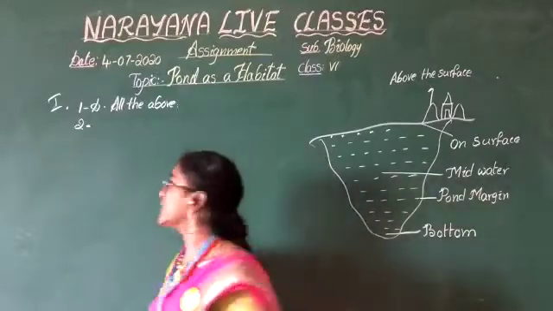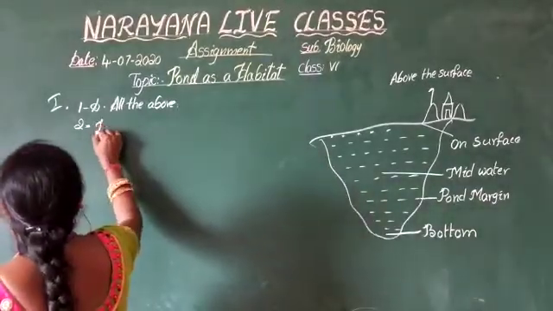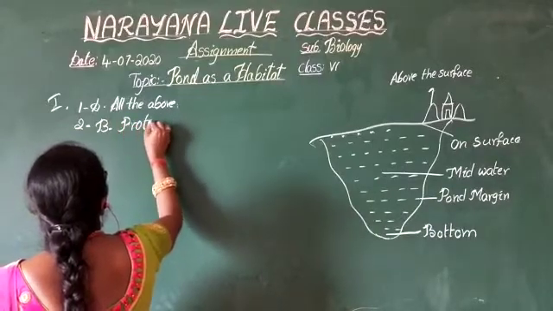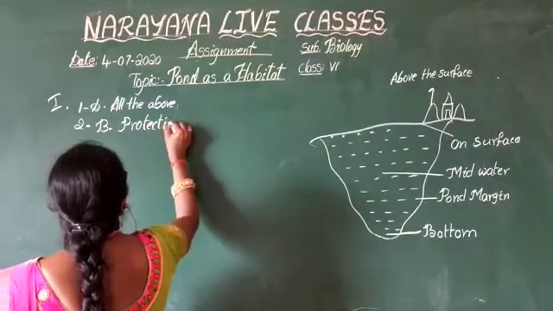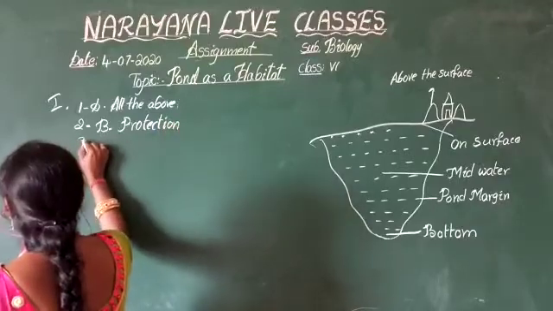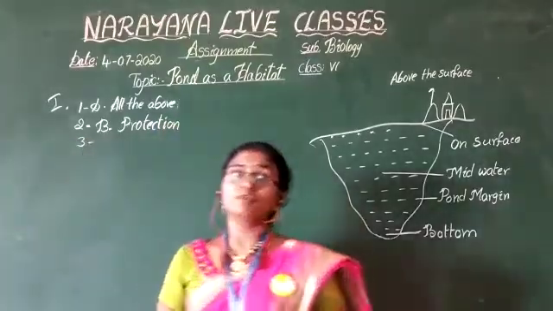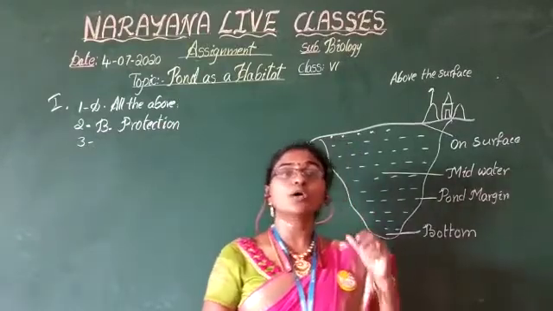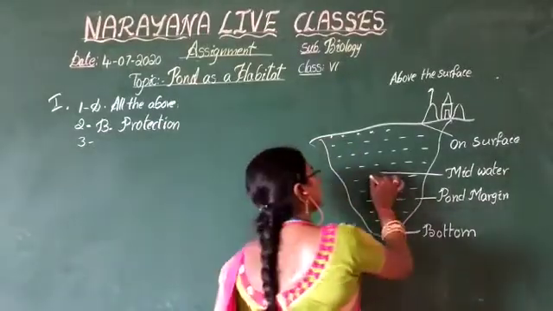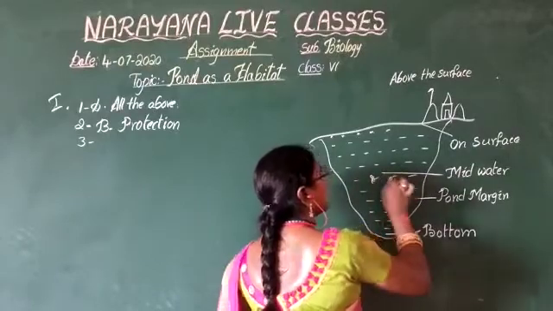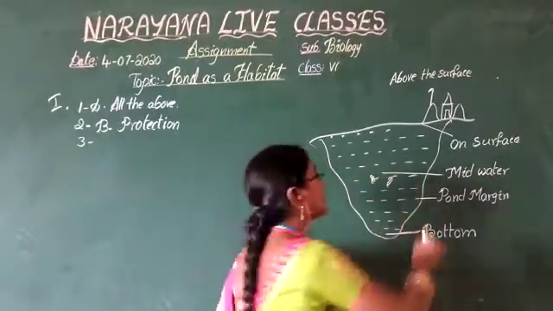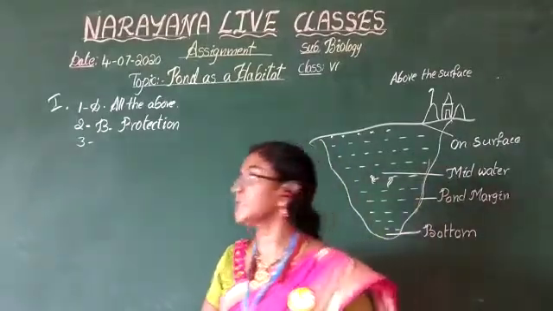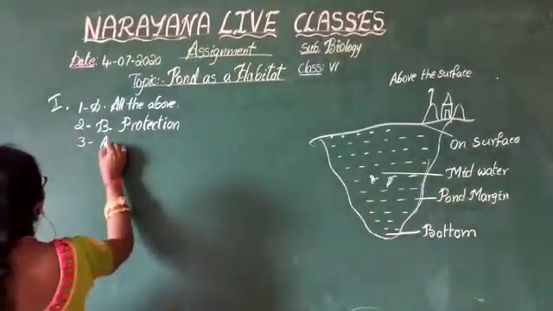So the answer is protection, option B. And the next one: fishes usually lay eggs at. Fishes move in mid-water but they lay eggs at the pond margin. So the answer is margin, option A.